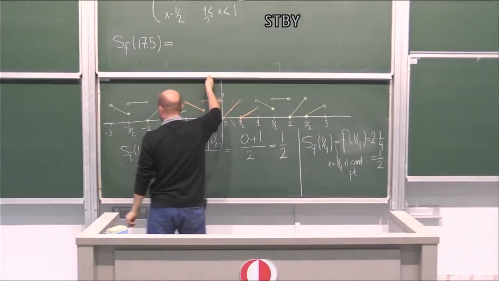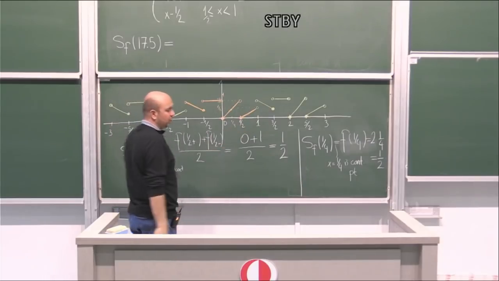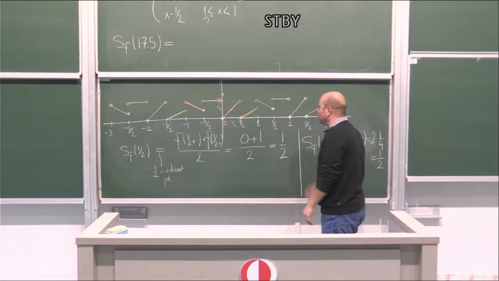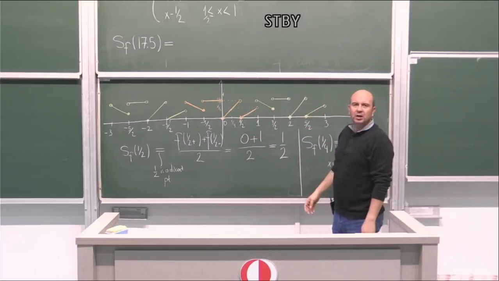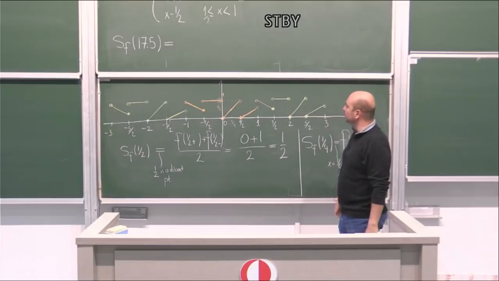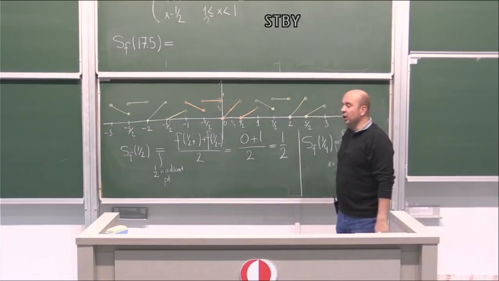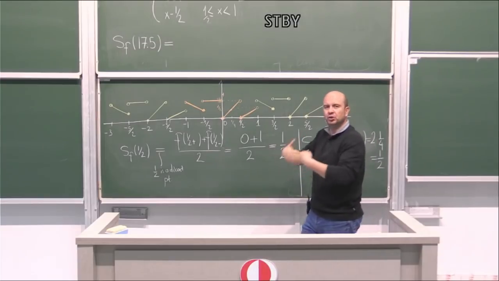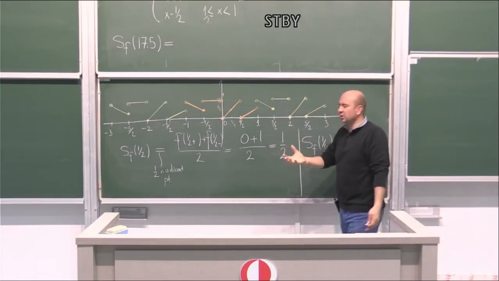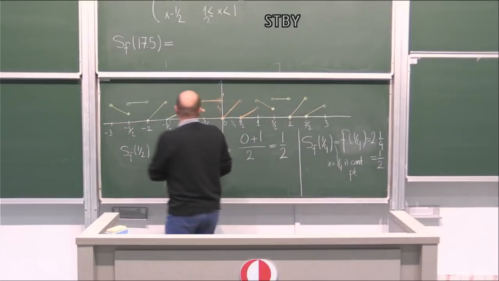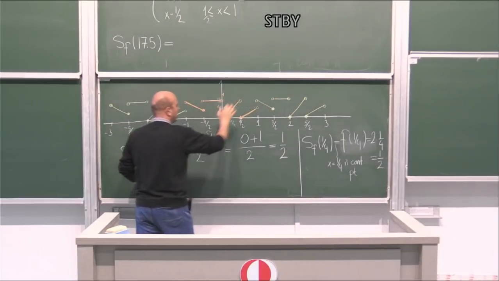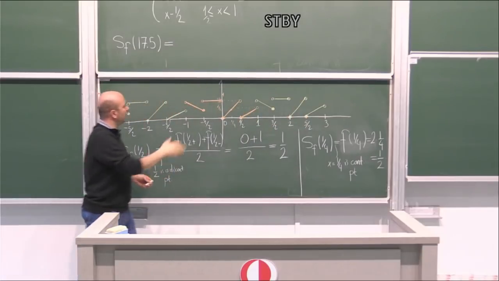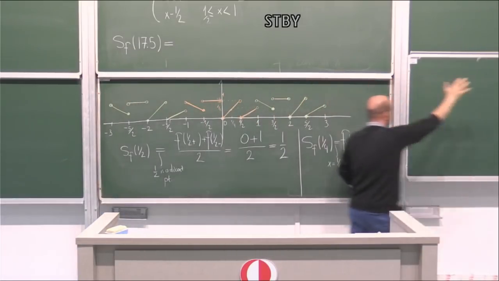So I'm checking the 17.5. It is not in my picture. So I cannot say anything from the graph just drawn here. But I know something further. My function is periodic. So if I move it 2 units, 2 units, 2 units, I always get the same value. So that's the reason, if you look at what we are doing here, we are copying and pasting, pasting, pasting. So that's the reason we have similar pictures later.